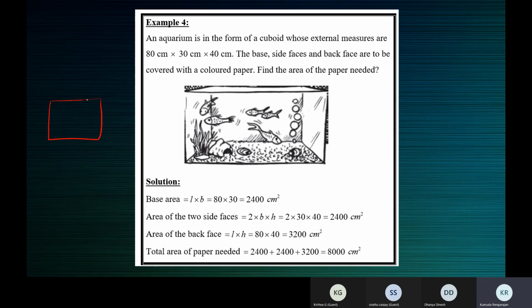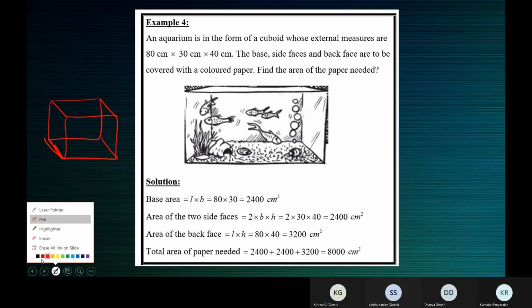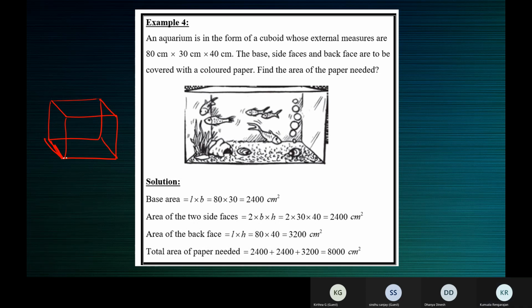Consider a cuboid. This is the length, right?